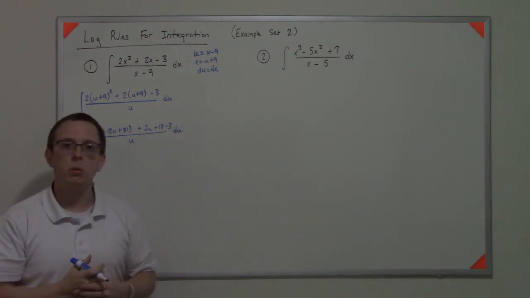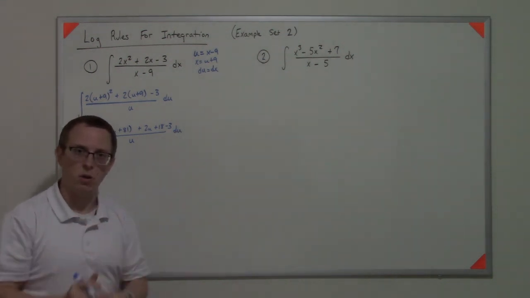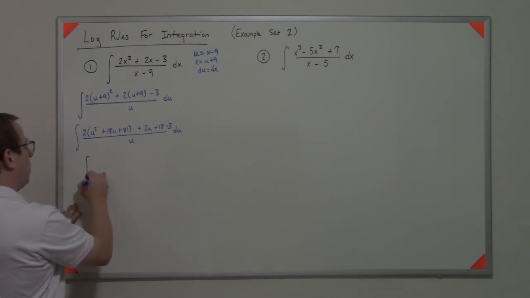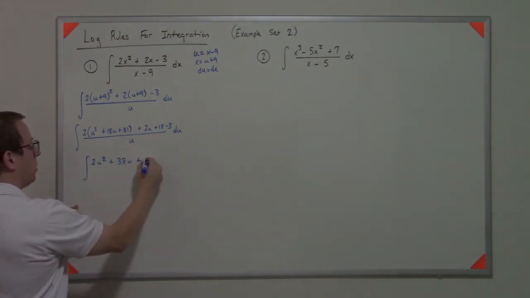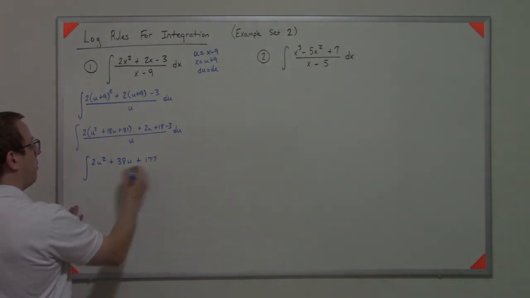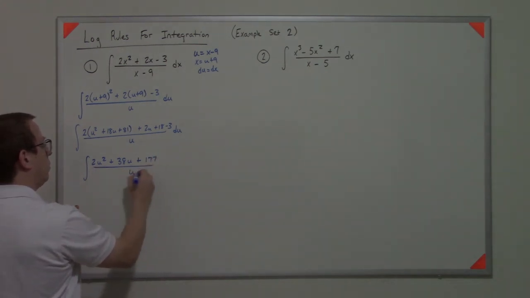Now I'm going to skip a couple of algebraic steps just to combine it all into one. I'm going to get 2u squared plus 38u plus 177 over u du.